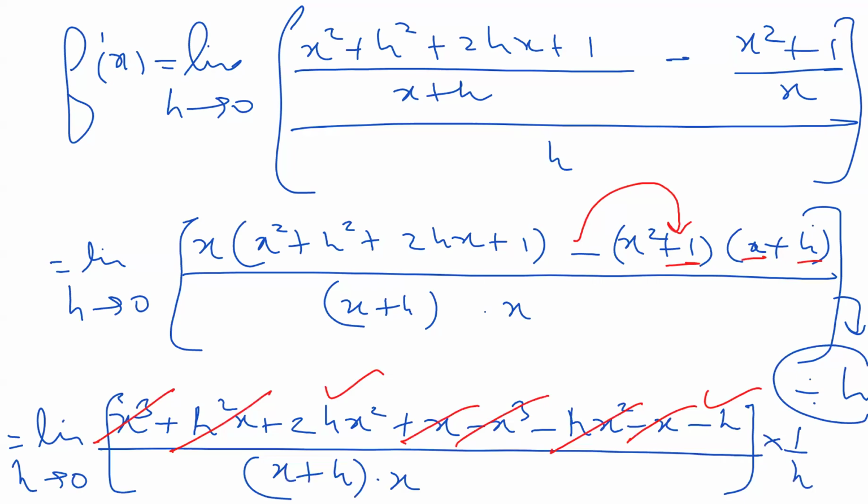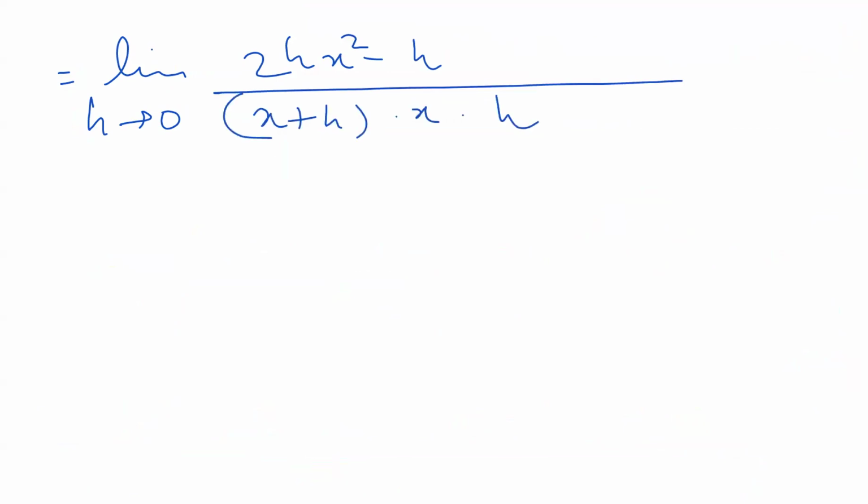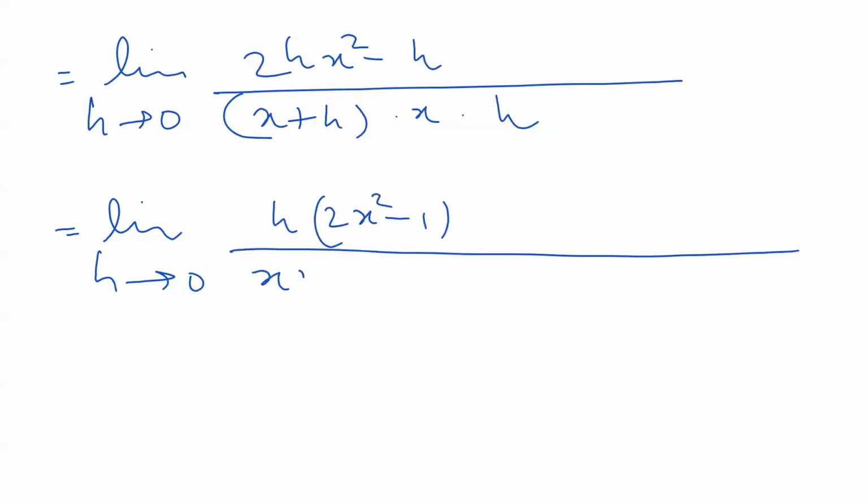So this equal to limit h approaching 0, 2hx square minus h upon x plus h into x into h. Take h common in the numerator, 2x square minus 1, x plus h into h, right?